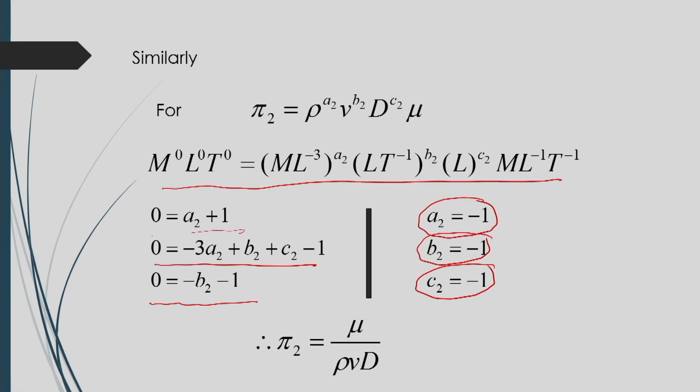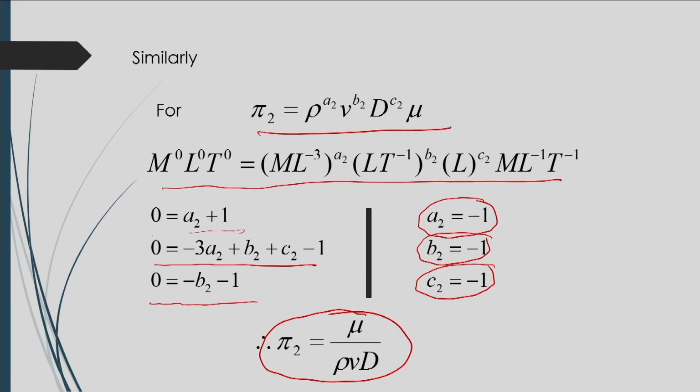And if you substitute this a2, b2 and c2 value in this equation, you will see that after rearrangement this pi 2 will be mu by rho vd. Again you just check that this group will not have any dimension, that is why this pi 2 is a dimensionless group.